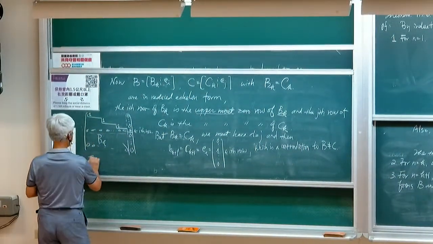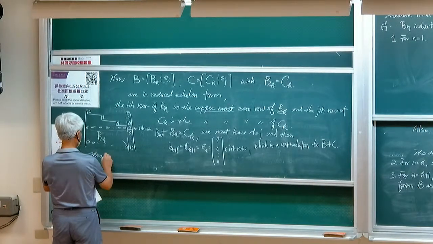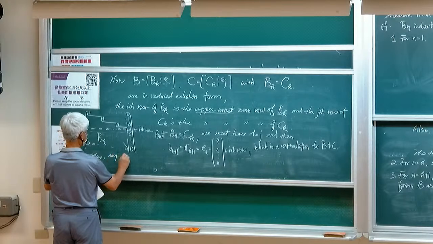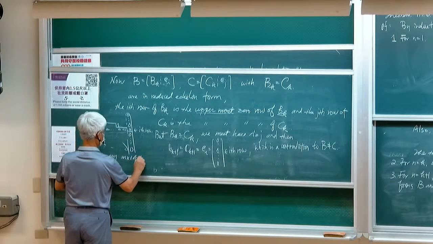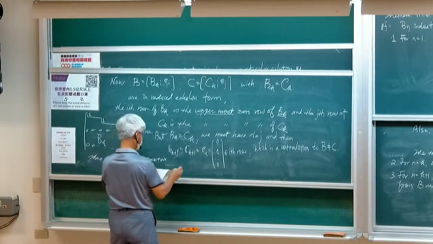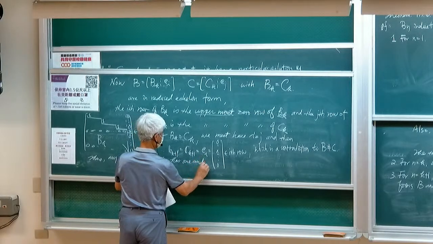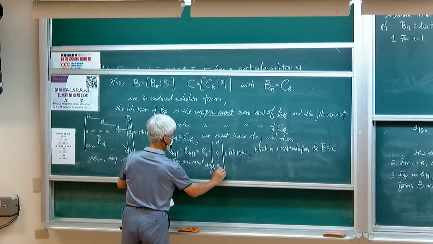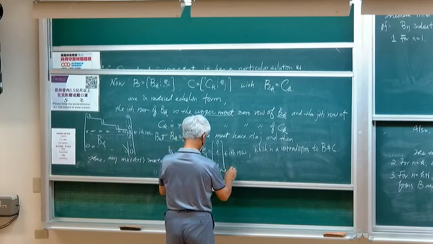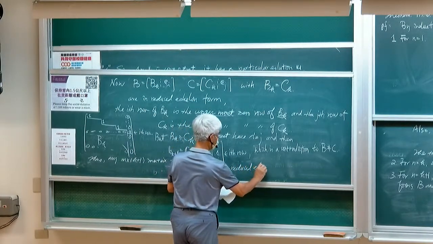Okay, so any m times (k+1) matrix has one and only one reduced echelon form.